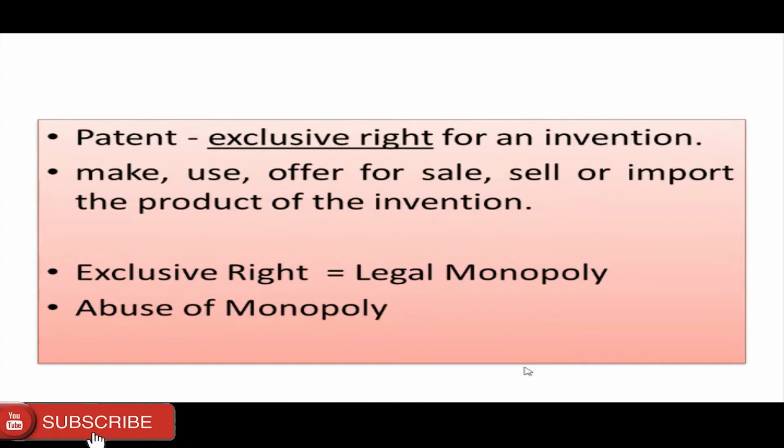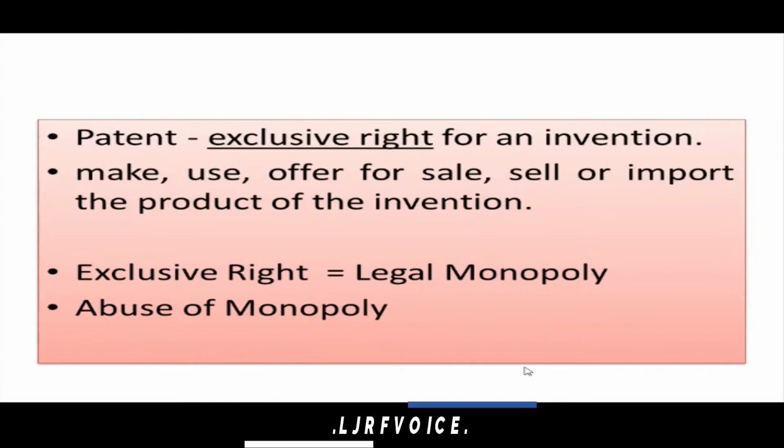So as far as my patent is concerned, as we can see on the screen, I have certain exclusive rights like make, use, offer for sale, sell, import, etc. So all or any of these rights may be licensed for a particular territory or for the whole world, or for a particular stipulated time, or for a particular stipulated kind of consideration, maybe royalty or a one-time payment or any of these.